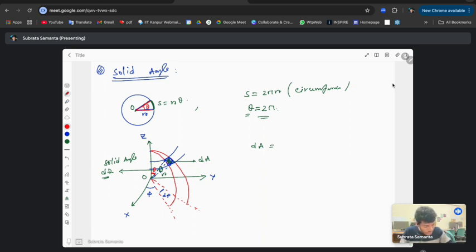So this is r cos theta in this direction, but in this direction r sin theta. So r sin theta d phi times r d theta. Basically the length in this direction and the length in this direction.